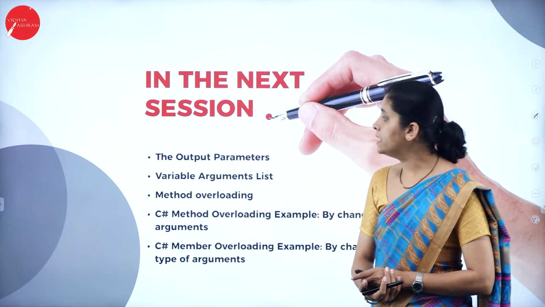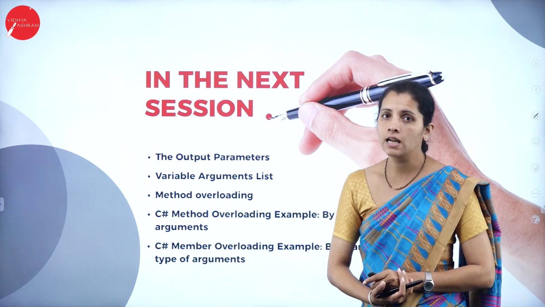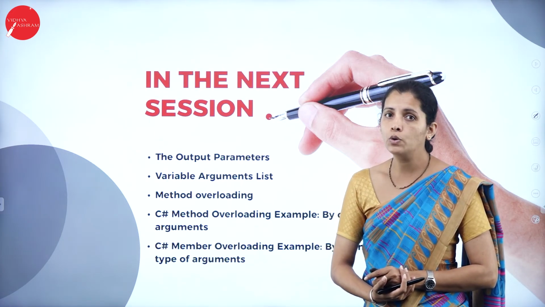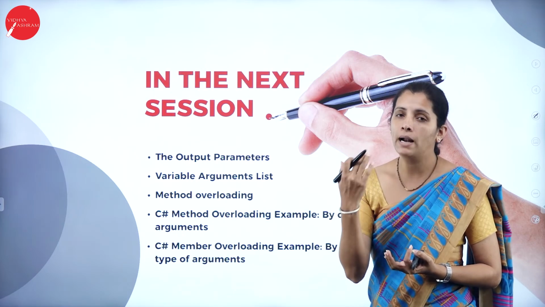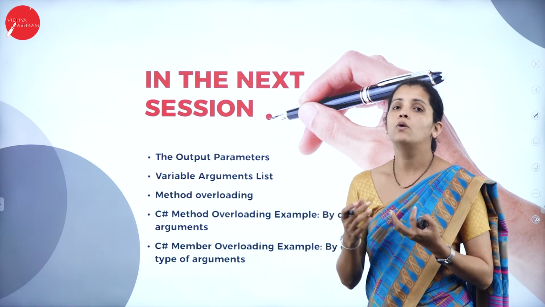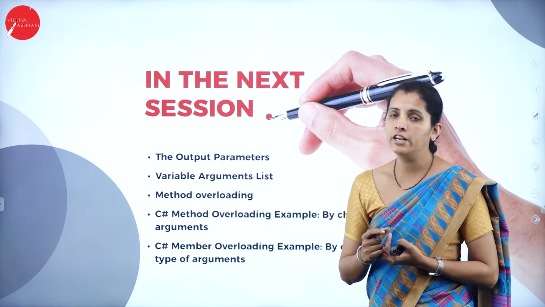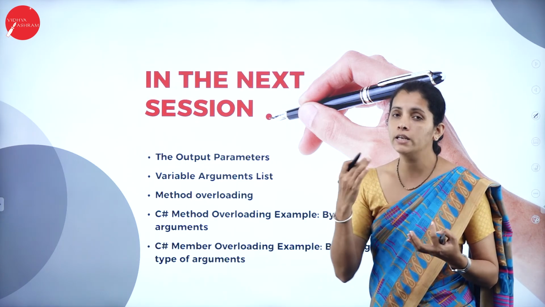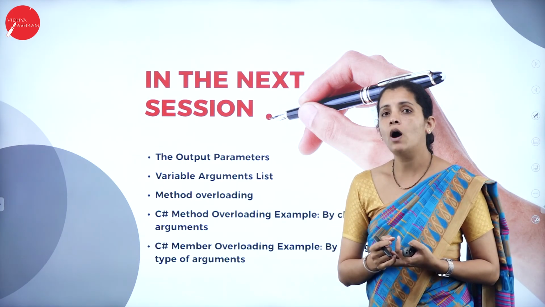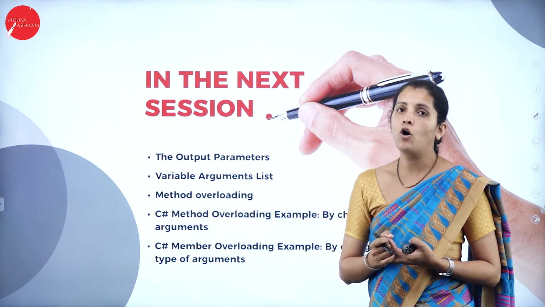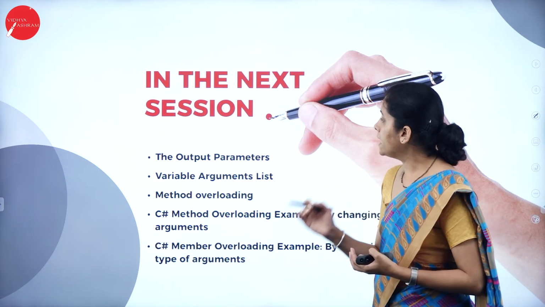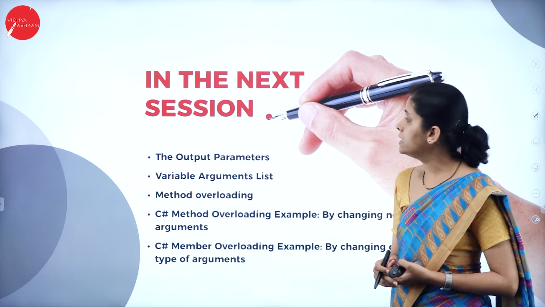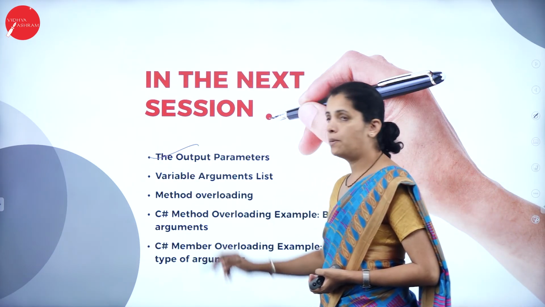So, dear student, in today's session, I started with how to use parameters, how to use multiple parameters, how to use default parameters, how to return a value and how to use named arguments in our method. But in my next session, I'm going to deal with output parameters.